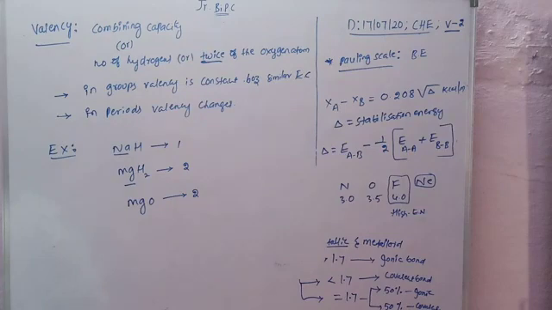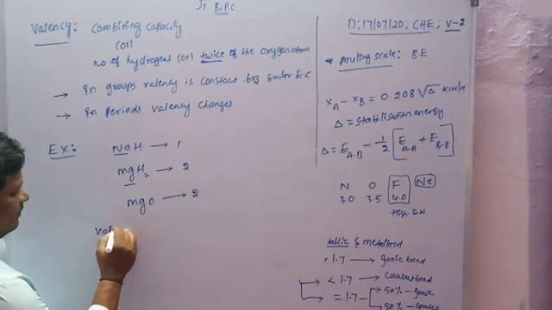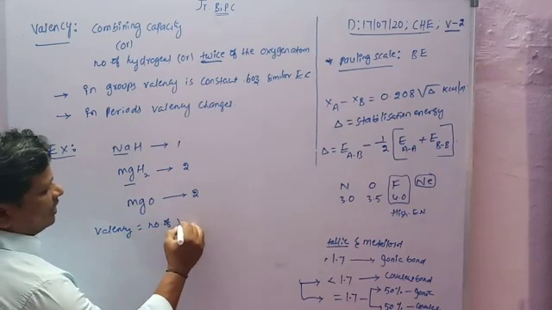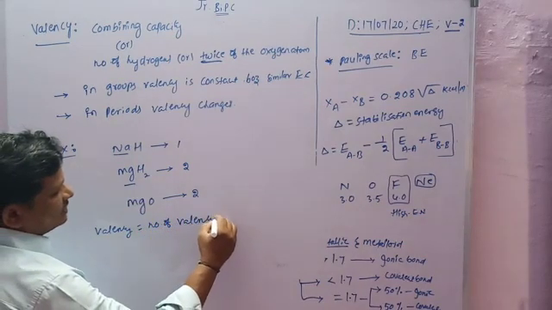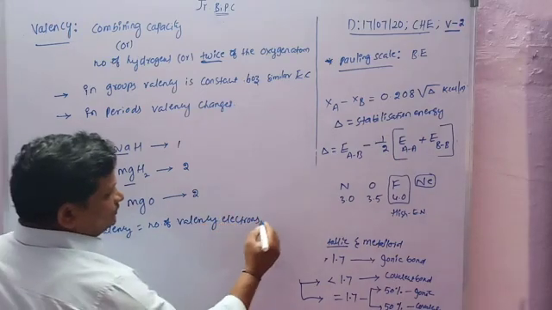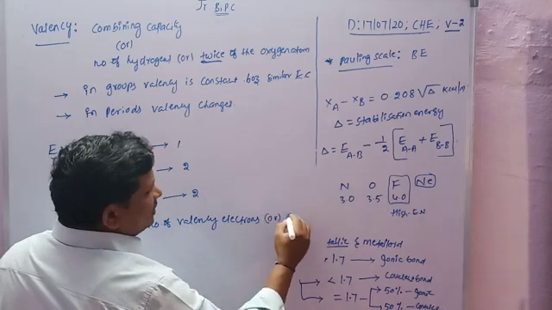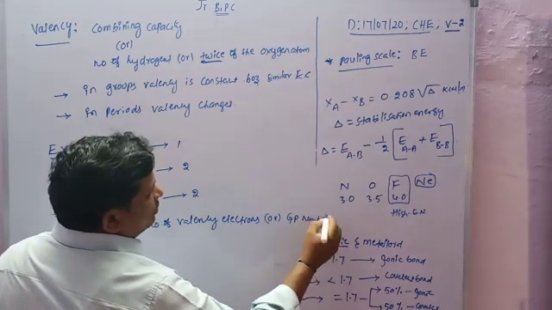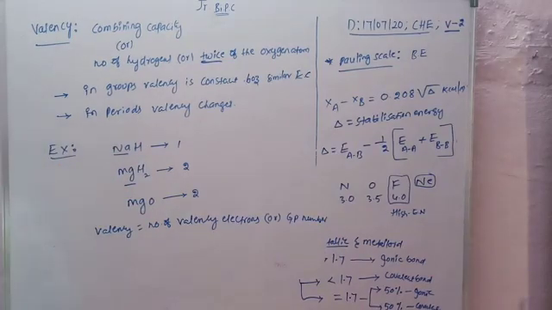Actually, valency is equal to the number of valence electrons. It means it is similar to group number, because the number of electrons is similar to group numbers.